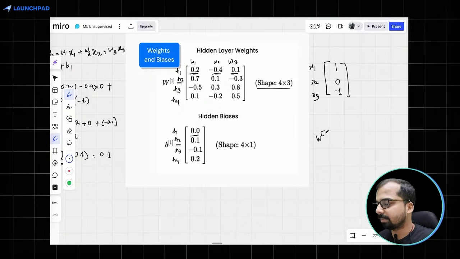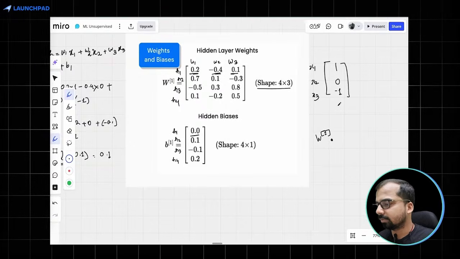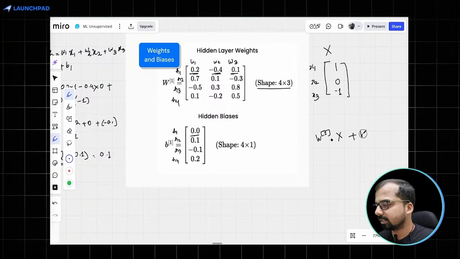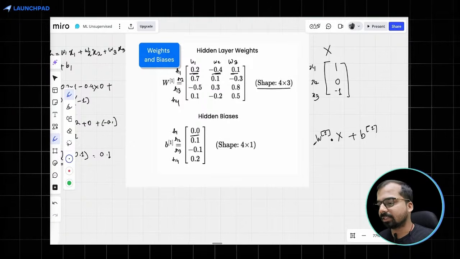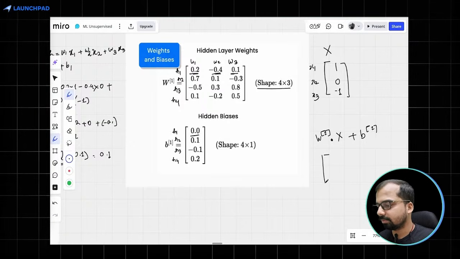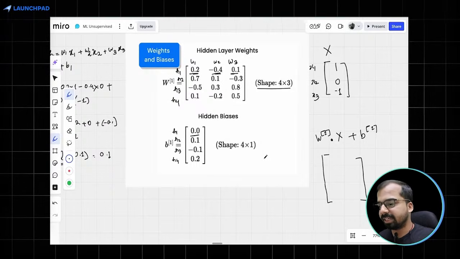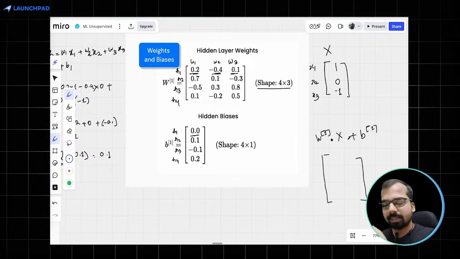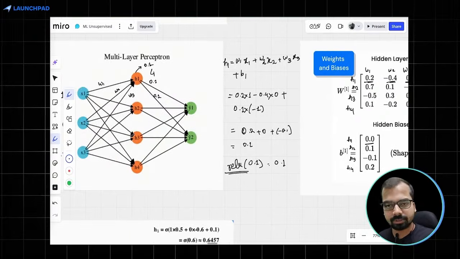So W uppercase subscript 1 dot product of, let's call this X matrix, X plus B1. If I do this, I'll actually get the pre-activation, that is the weighted sum before applying the activation, for all the hidden neurons.